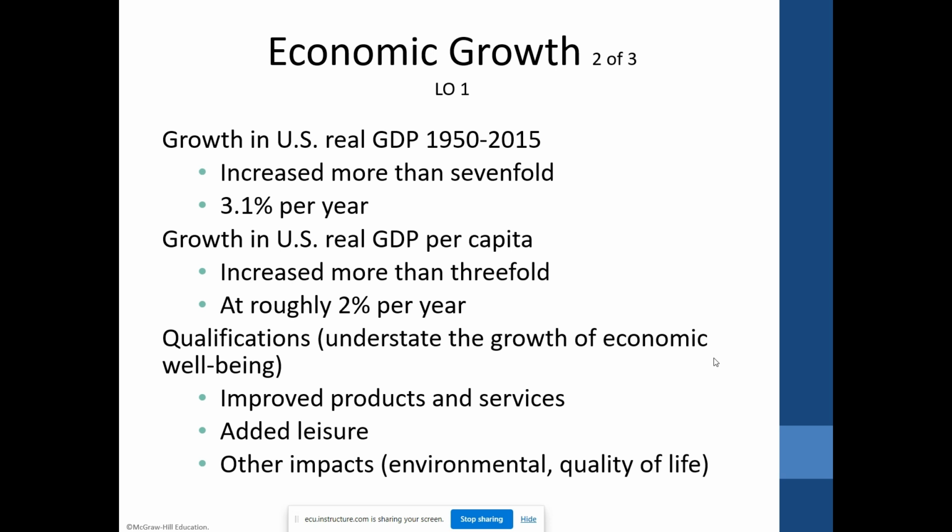While both real GDP and real GDP per capita have increased over the past six decades, this must be qualified in several ways. Because the numbers do not fully account for improvements in products and services, they tend to understate the growth of economic well-being.